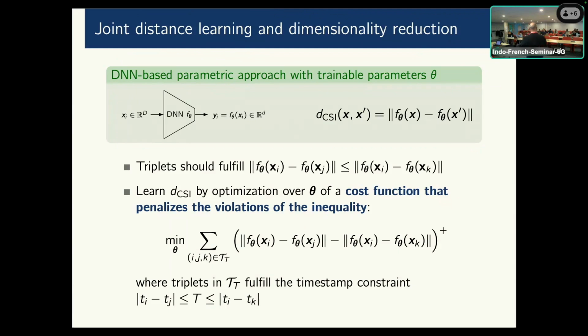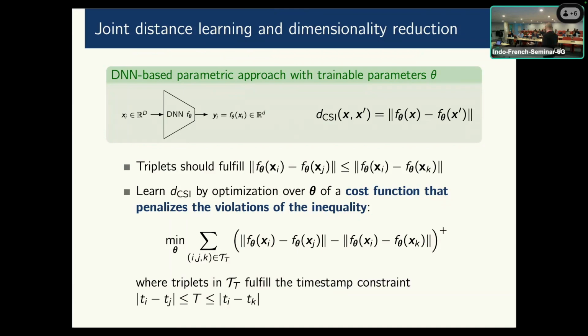They will be close, and the third one is coming from much later or much earlier. Based on this, I can build a cost function, which is that one. And if I optimize this, I'm going to train my neural network to learn a meaningful distance between channel state information samples.